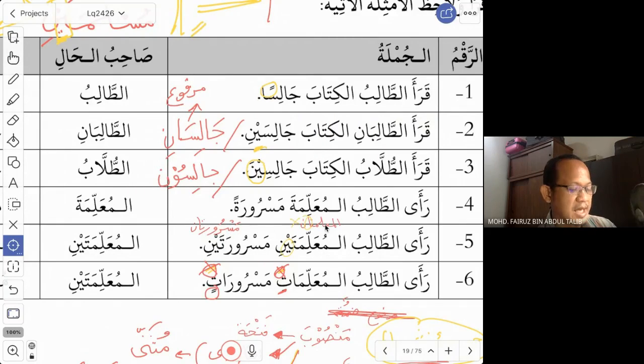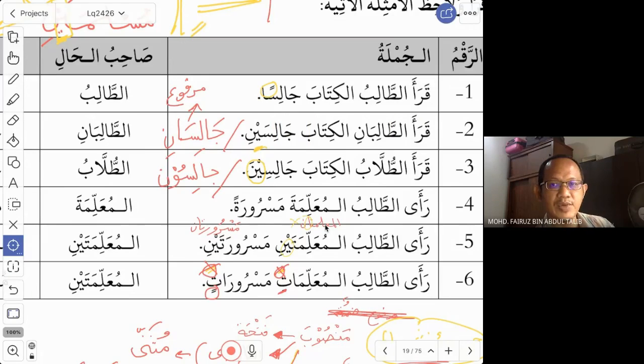Huna yaqul jalisan, he was actually sitting. So he read the book in a sitting position. The word jalisan is what we call the hal, because it explains the sahibul hal, which is the person when he did a certain action. So to summarize, hal is to explain the person when an action takes place.